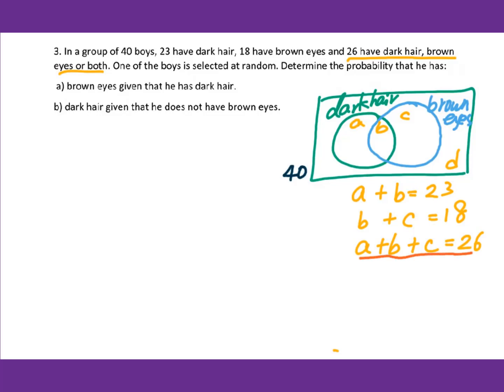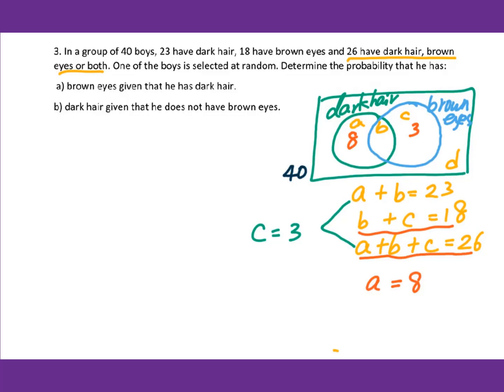So from these two, you can figure out A equals 8. From these two, you can figure out C equals 3. Then here's the label, 8, 3.